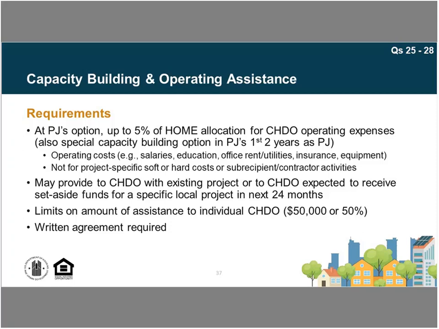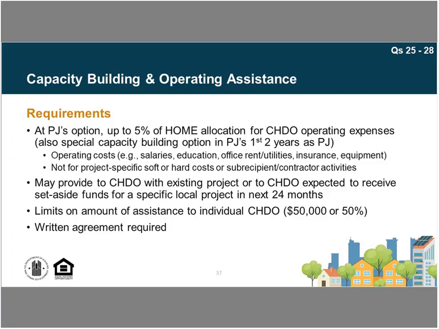Now keep in mind, these are not project-specific funding. This is for the overall operation of that CHDO, to keep them afloat, to help them gain or hold on to staff, and get them appropriate training. Within the regulations themselves there is an additional capacity building option, but it's limited to new PJs within their first 2 years as a PJ.